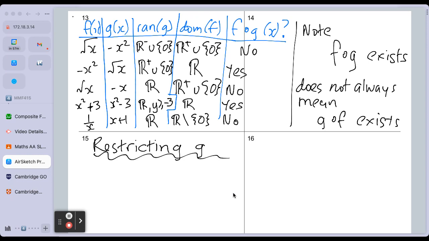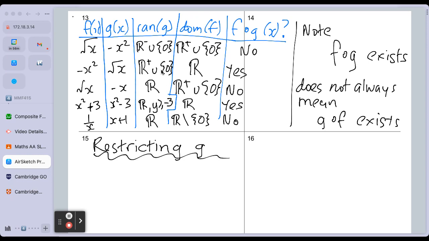So we've already done the back thinking about restricting G, so I'm not going to dwell on it too much, and just say that for rows 1, 3, and 5, as they stand, we can't find F composed with G. We can't find F of G of X. However, if we modify the range of G, then we can.